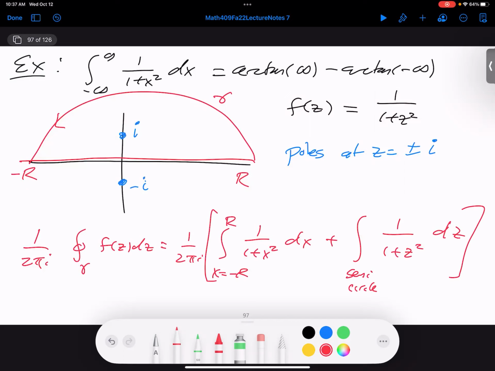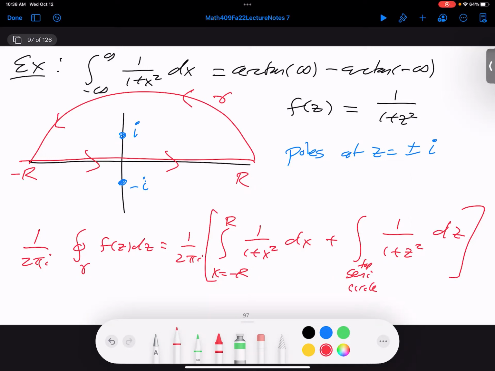Does everyone agree that the integral over the whole semicircle is the integral over the bottom plus the integral over the top? Well, the integral over the bottom is exactly what I want to study. That's going to just give me the integral of 1 over 1 plus x squared dx. Wonderful. I now need to figure out what is the integral over the top.